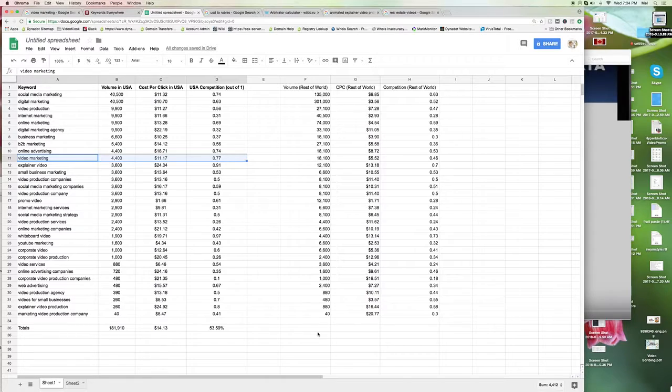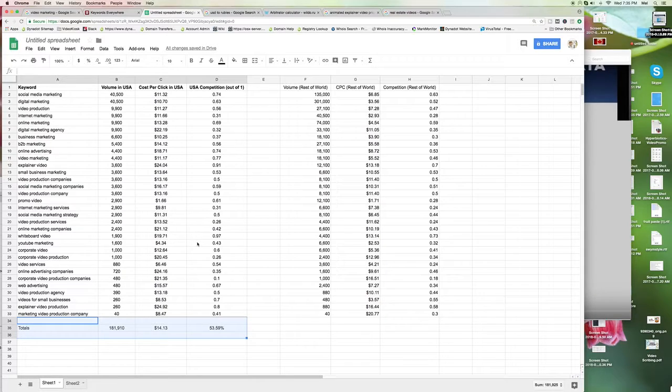A very different picture if I were to do that over here. Which, to be honest, I don't care if Indonesia or any other country that's not United States is looking for it. For us, this is what matters. This is our target. So yeah, I just want you to see that there's a big difference.